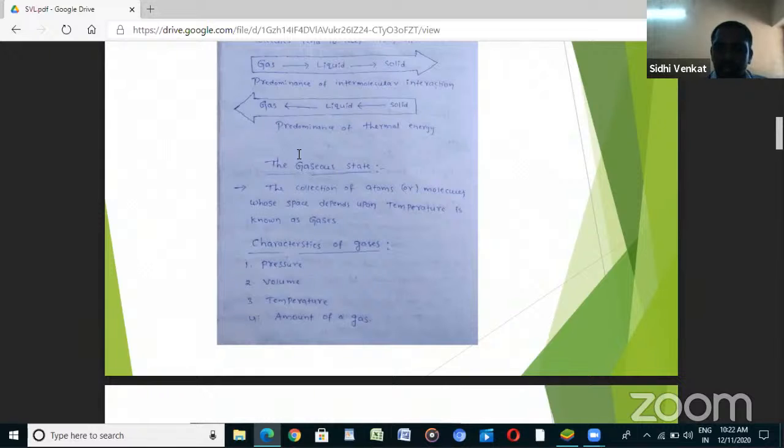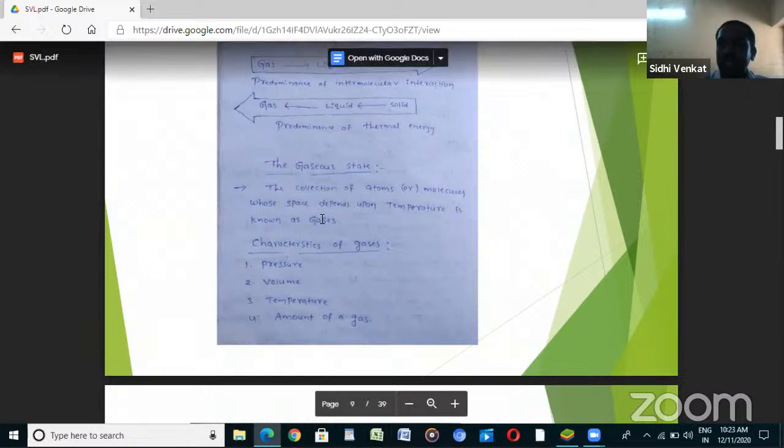The collection of atoms or molecules whose space, meaning volume, depends on the temperature is known as gases.